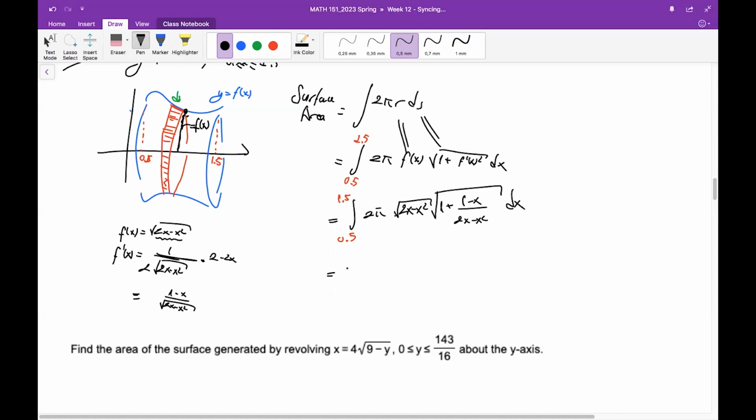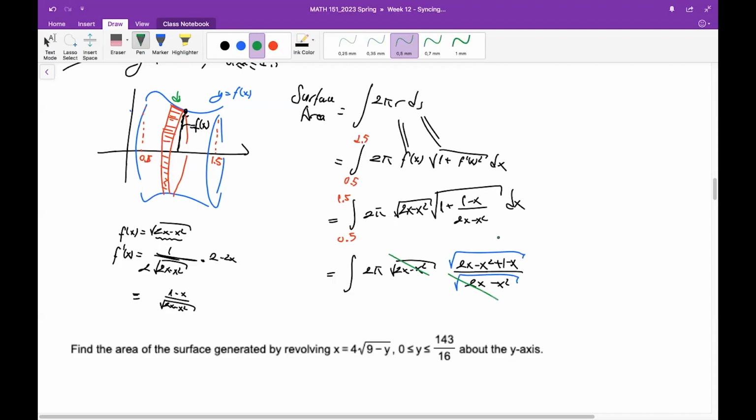And then I need to improve the computation here, right? 2 pi, square root of 2x minus x squared, just write here over a common denominator: 2x minus x squared plus 1 minus x divided by 2x minus x squared. Instead of writing a big square root over here, I will write it separately for the numerator and denominator like that. And then I will have this nice simplification here.